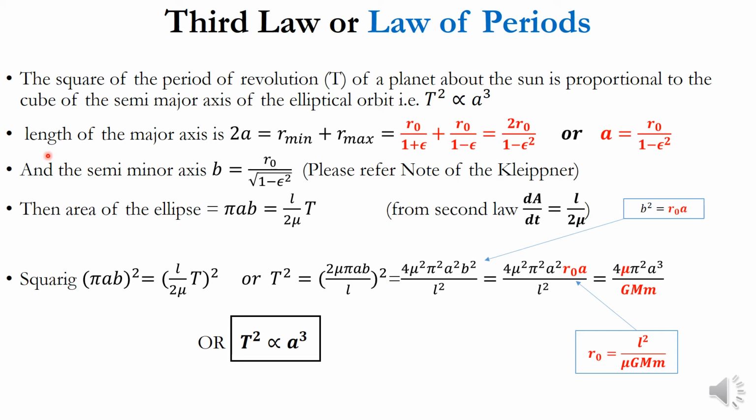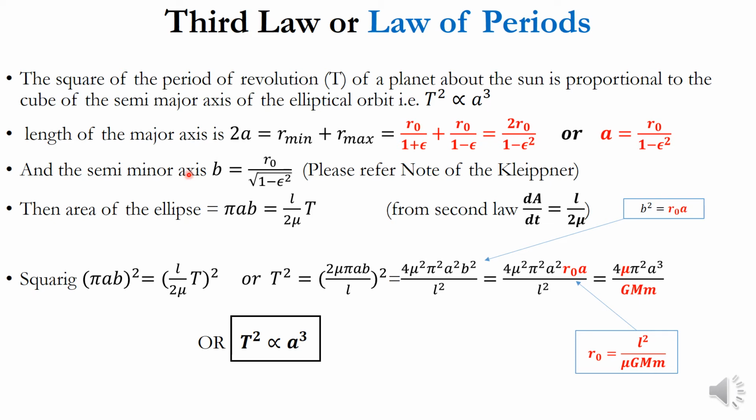We know that the length of the major axis, 2a, is equal to r minimum plus r maximum. We found r minimum is r0 by 1 plus epsilon, and r maximum is r0 by 1 minus epsilon. So 2a is equal to 2r0 by 1 minus epsilon square, or a is equal to r0 by 1 minus epsilon square.